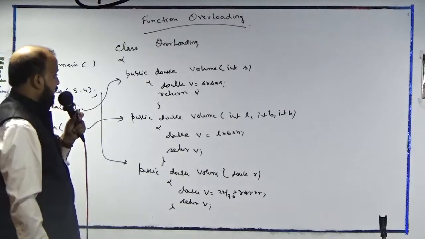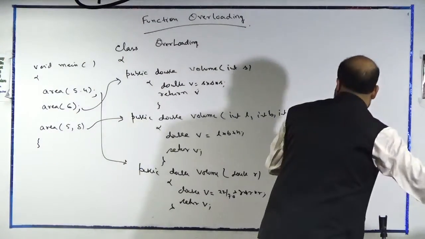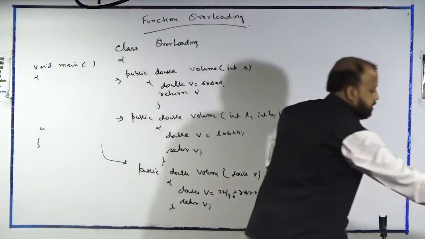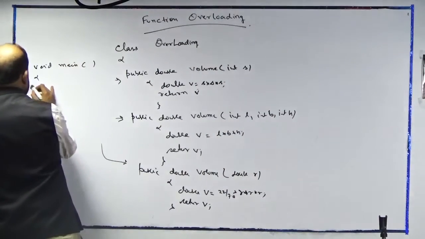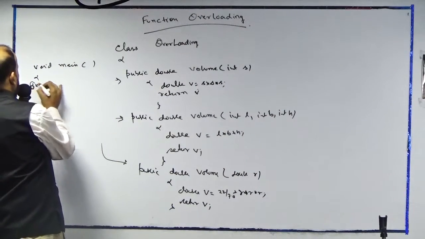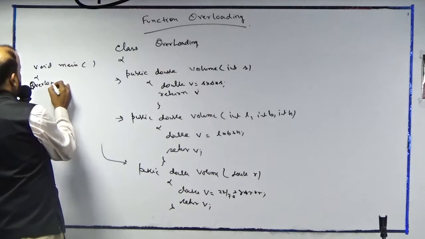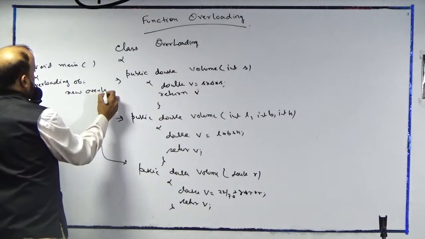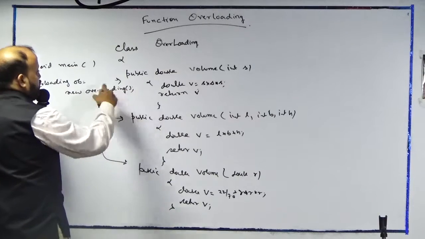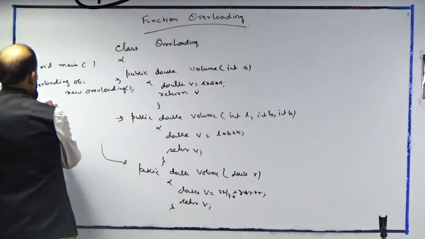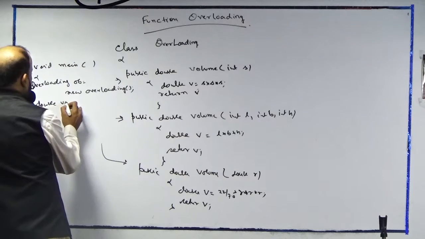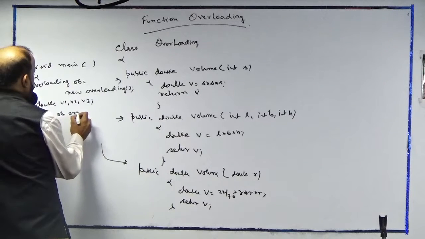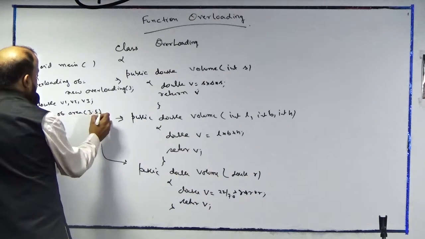Now in case main is asked, again you have to write main. This time I am creating an object, not necessary though. Overloading OB equals new overloading. Now since your values are being returned, you use double V1, V2, V3. V1 equals OB dot area, suppose 3.5.